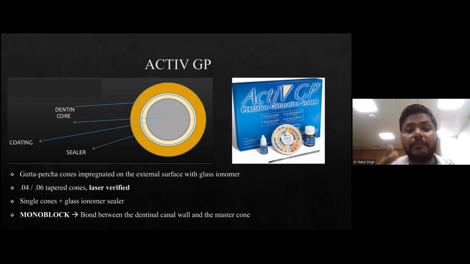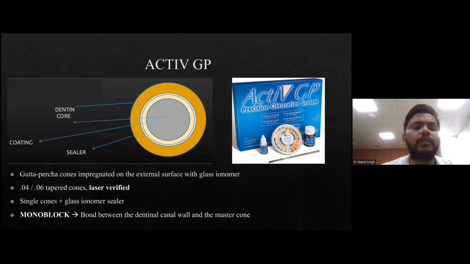But the disadvantage is that if in future the tooth goes for retreatment, retrieving that GP is really difficult. Also, if the unset GIC gets extruded into the periapical area, it is really cytotoxic. So the two disadvantages are that it is cytotoxic and very difficult to remove.